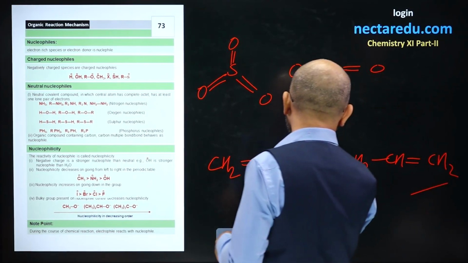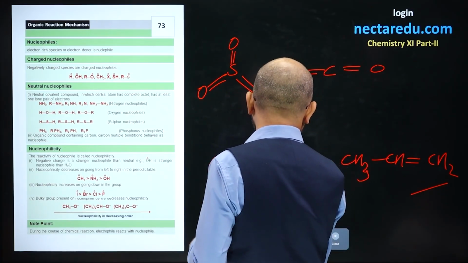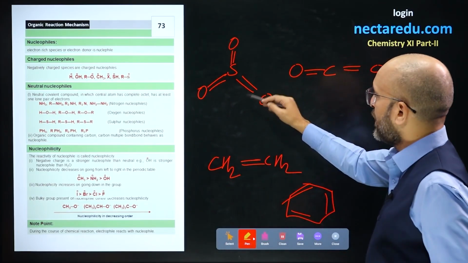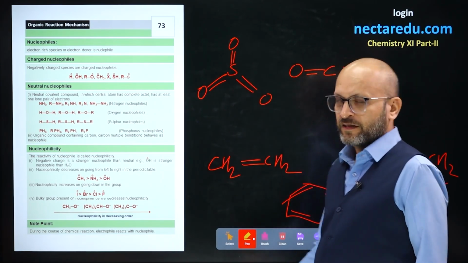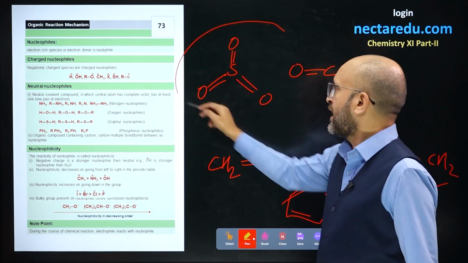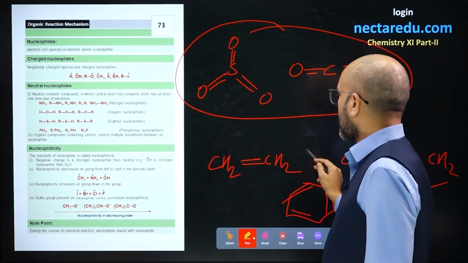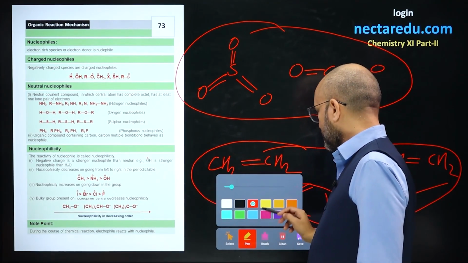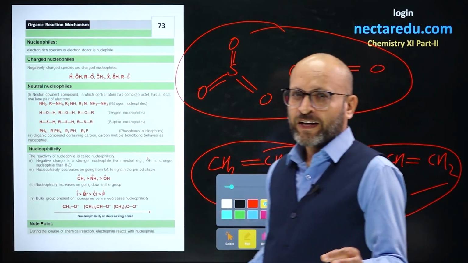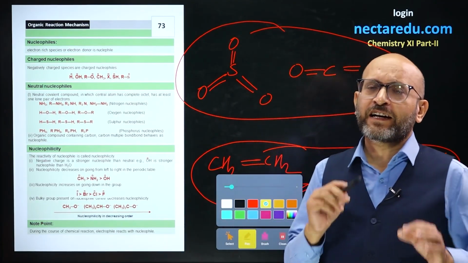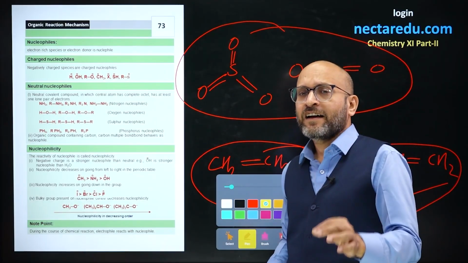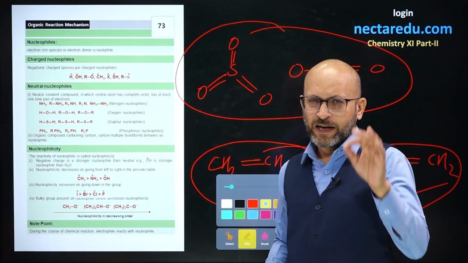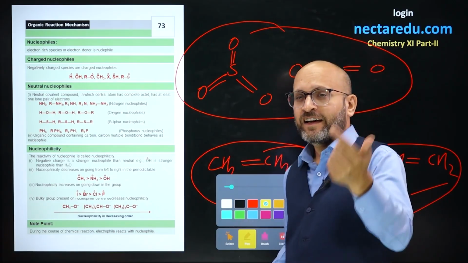I have benzene. So what do you think? Here we have a pi bond between different atoms. In these two we have a pi bond between different atoms and here we have a pi bond between same atoms. So just remember this, if a pi bond is present between different atoms, they are electrophiles.